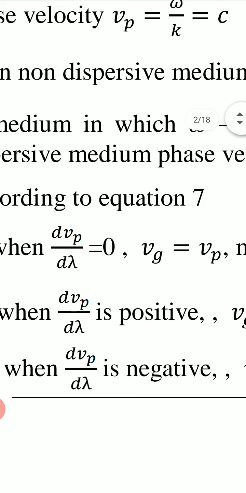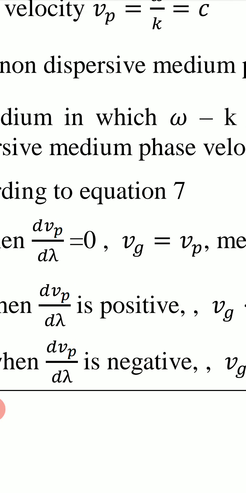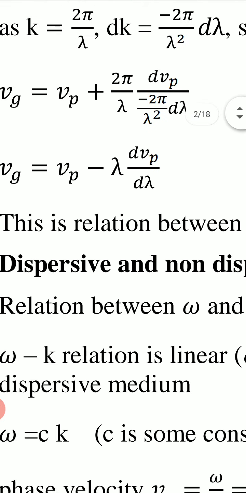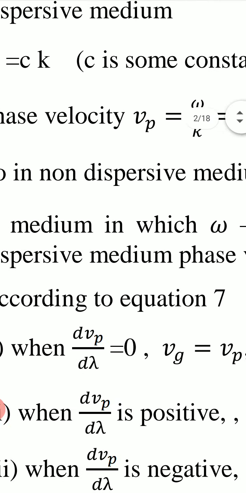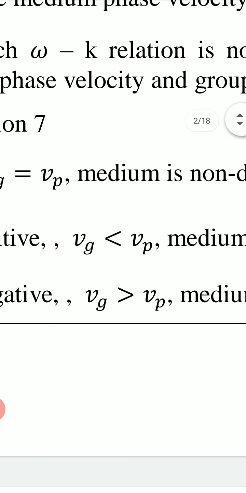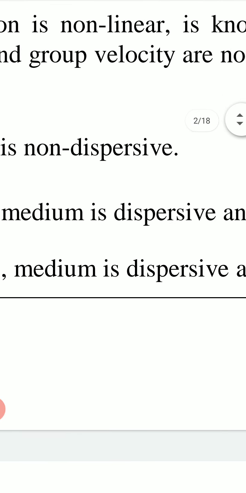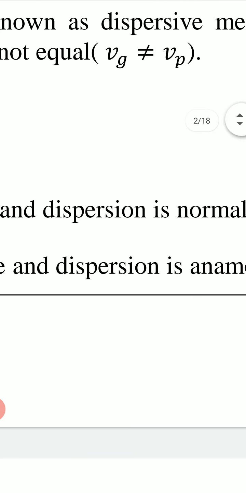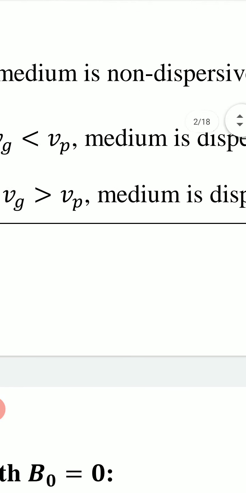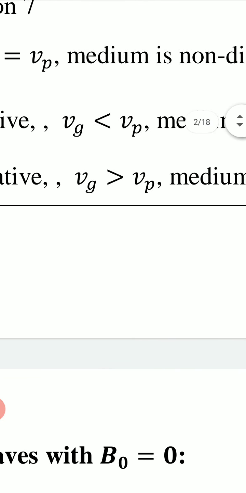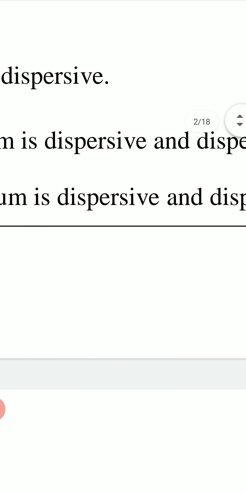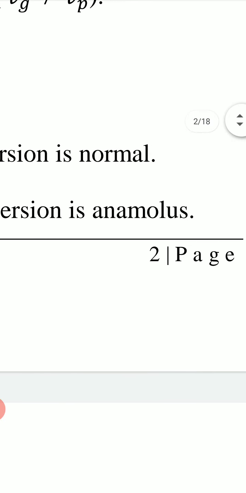First, when dVp upon d lambda is positive, then from this relation we see that Vg is less than Vp, and we say that the medium is dispersive and dispersion is normal. And if dVp upon d lambda is negative, then we have Vg greater than Vp, the medium is dispersive, and dispersion is said to be anomalous.